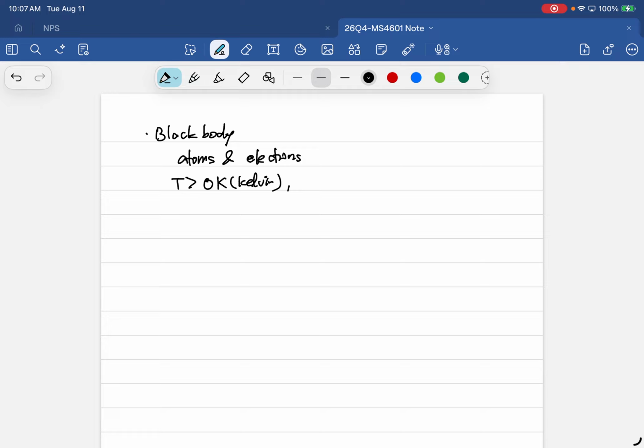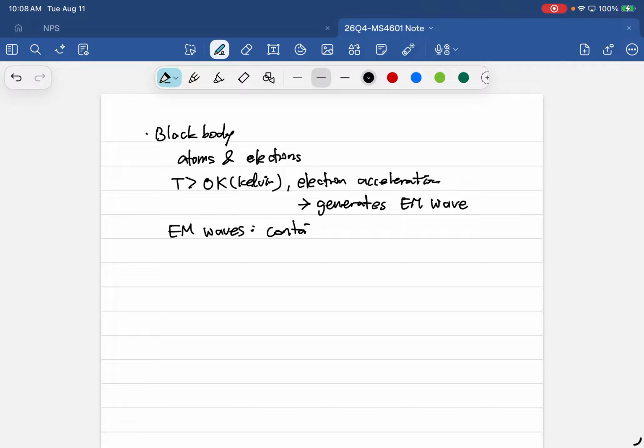Then electron acceleration is observed, because this internal thermal energy makes it oscillate. That comes with electron acceleration, which generates an electromagnetic wave, and these electromagnetic waves contain a spectrum of various EM standing waves.